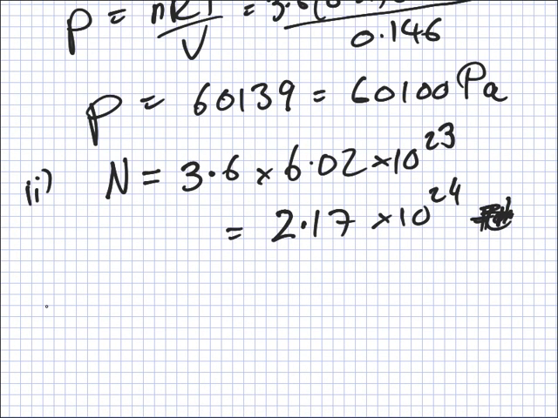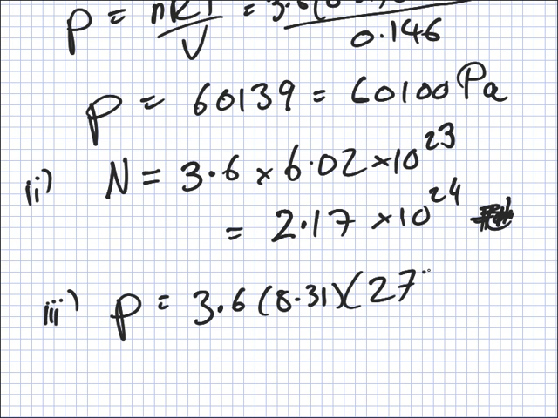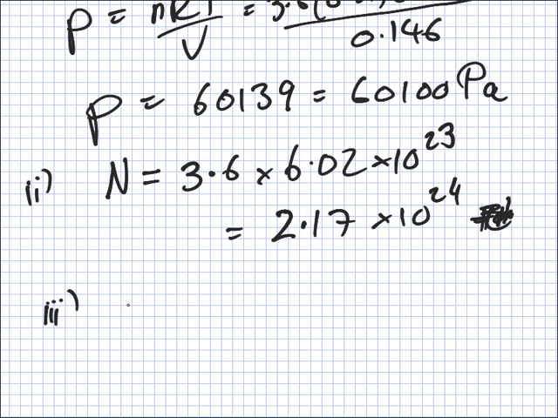Okay. 3. What's the volume? So again, it's another ideal gas law, except they've changed the story. The pressure is now 1.01 times 10 to the 5, and the temperature is 0 Celsius, which is 273 Kelvin. So the P is N, which is still 3.6, R, which is still 8.31, T, which is now 273, and the V is now, oh sorry, no stop. I got that wrong.